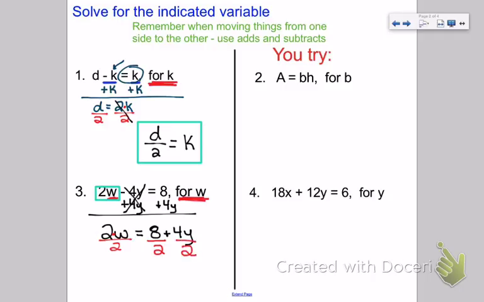And I like that way better. It reminds me that we're dividing every single term on the other side by 2. What we have left is 2 divided by 2 is 1, so I get w by itself, which is what I wanted. 8 divided by 2 is 4. And 4y divided by 2, if we cancel out, 4 divided by 2 is 2, so I'm left with plus 2 times y.